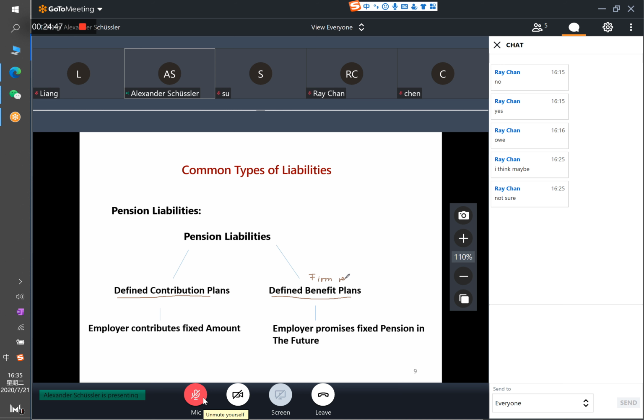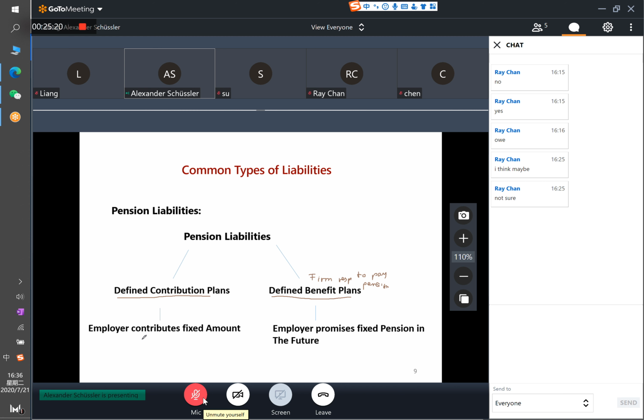The firm promises a fixed pension in the future. And that's why the responsibility lies at the firm.